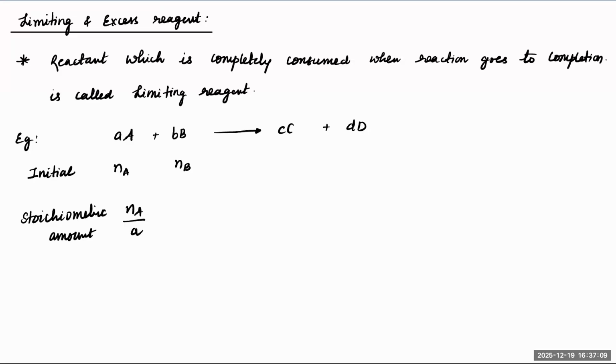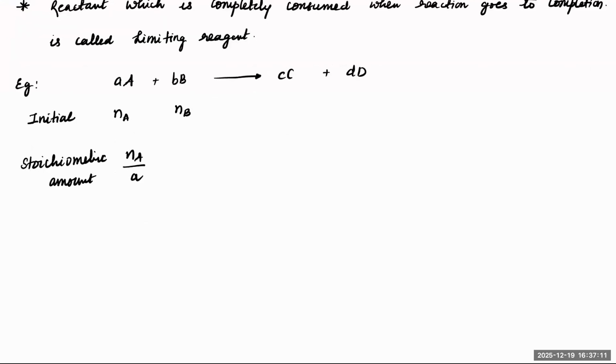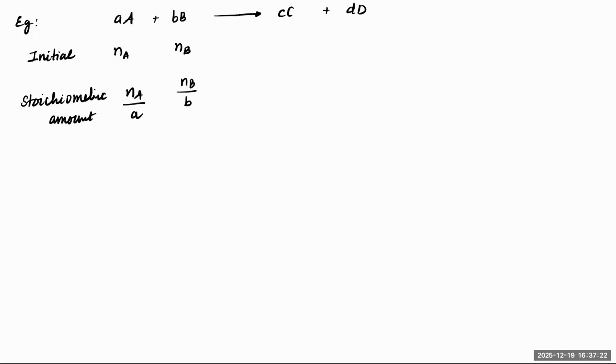For B, it is the number of moles of B divided by B. Now we check this condition: if Na by A is less than Nb by B, then A is the limiting reagent, LR.